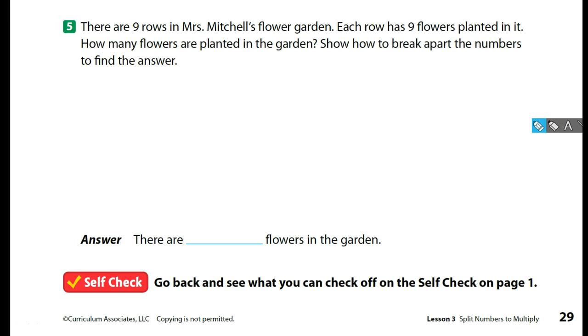And first of all, what would be my multiplication equation for this problem? 9 times 9. Perfect. Okay, 9 times 9. So how do I set this up? I need to use what first?